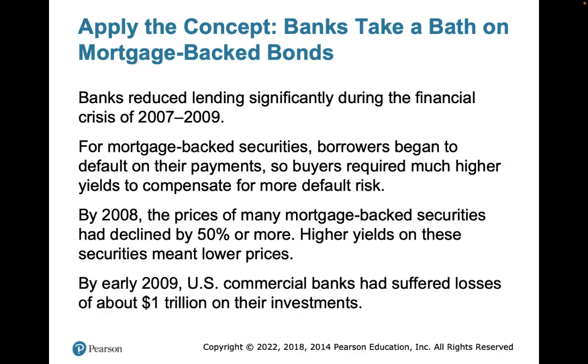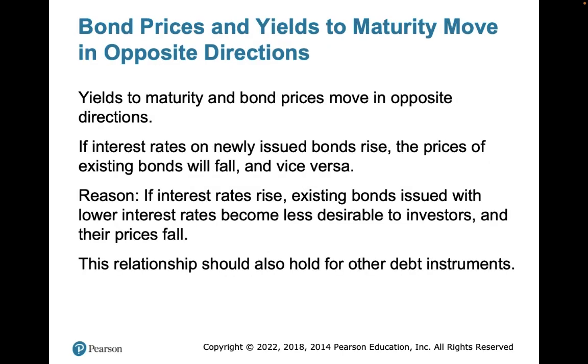By 2008, the prices of many mortgage-backed securities had declined by 50% or more. Higher yields on these securities meant lower prices, and in early 2009, US commercial banks had suffered losses of about 1 trillion on their investments.